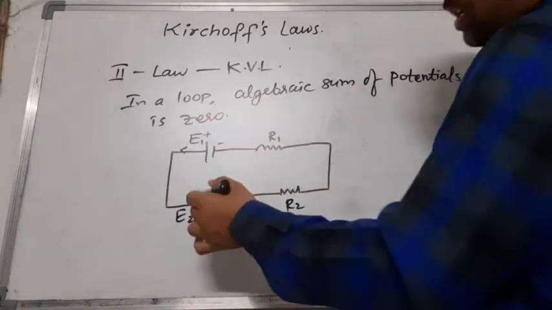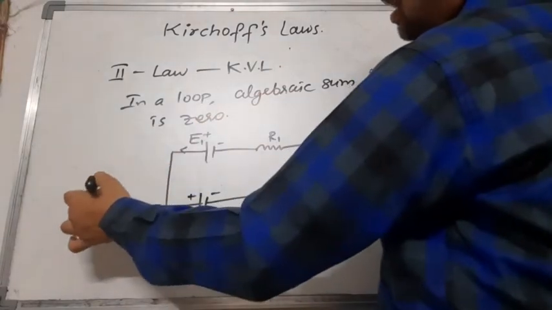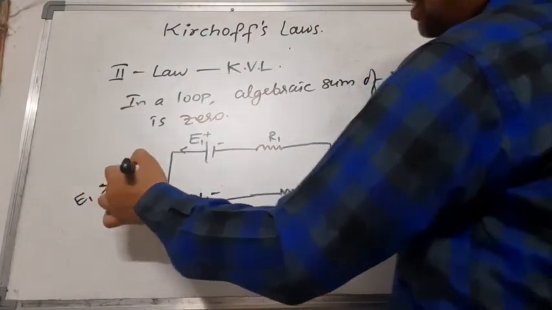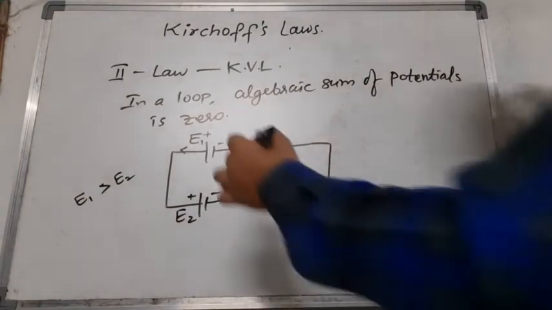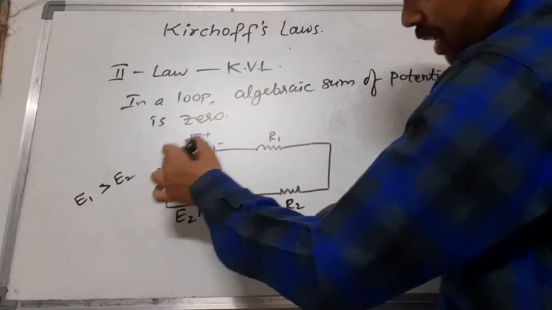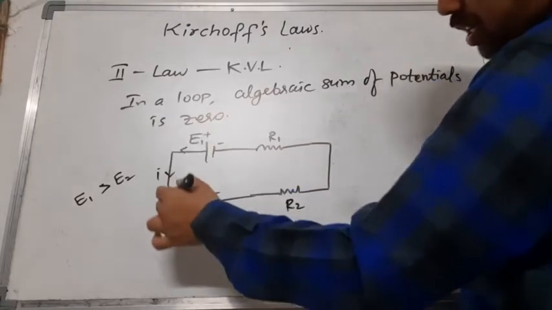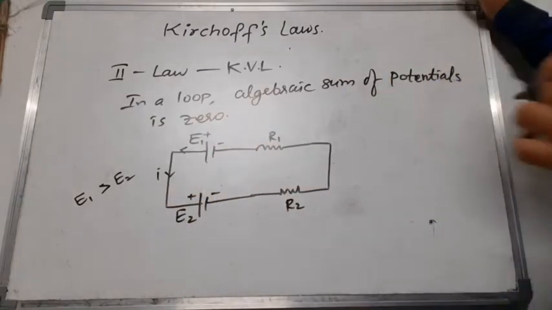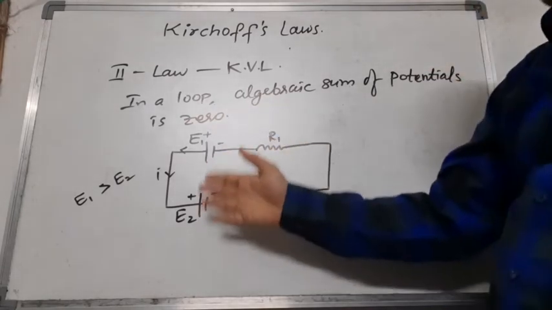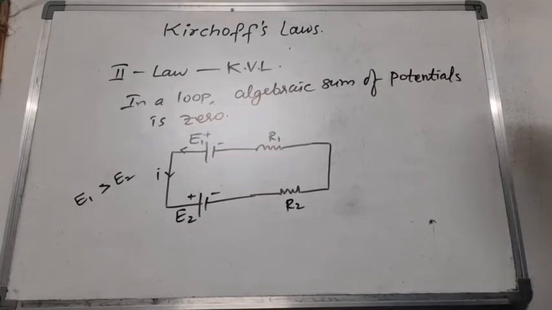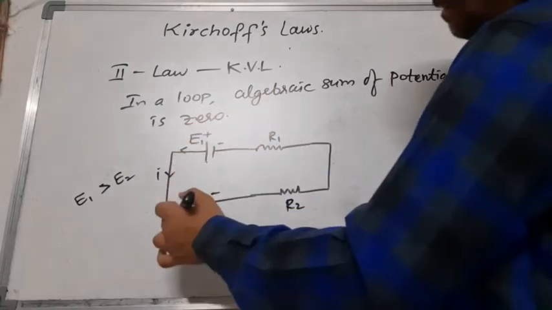Suppose I am assuming E1 greater than E2, so I will take the resultant current direction in this direction. Any one current will flow, here two currents will not flow because there will be subtraction between these two EMFs.